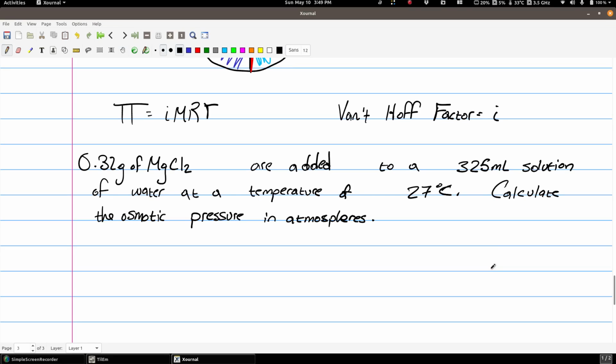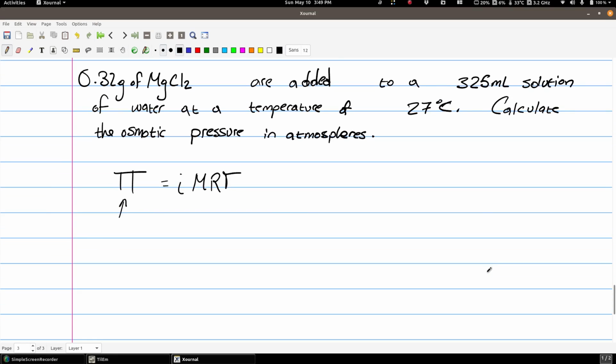So first things first, we have to convert everything. So this is osmotic pressure, iMRT. T has to be in kelvins, so let's do that first. So 27 plus 273 is 300.